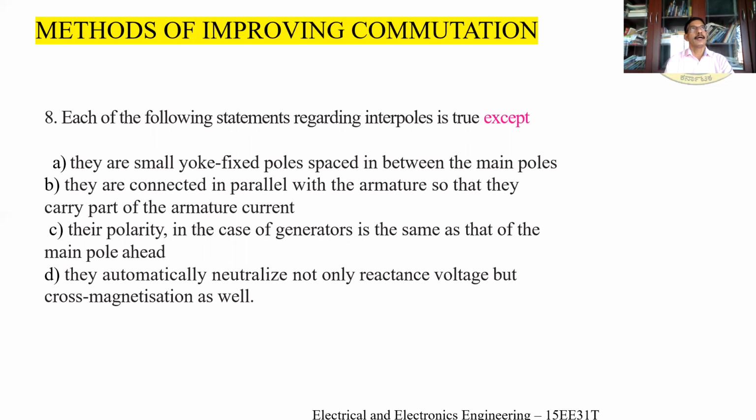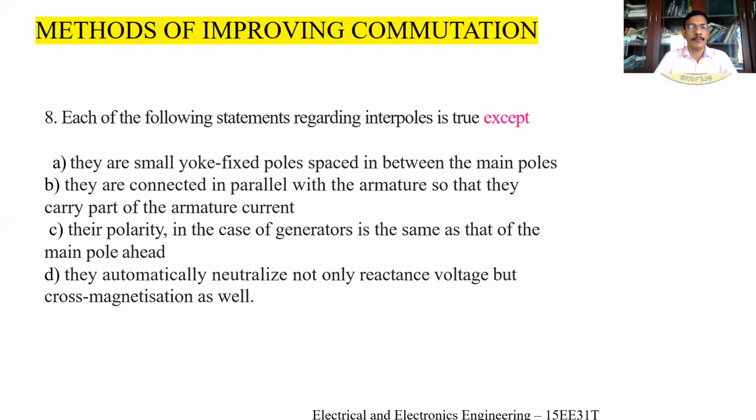Next question under improving commutation. Each of the following statements regarding interpoles is true except: options are A, they are small yoke fixed poles spaced in between the main poles. Option B, they are connected in parallel with the armature so that they carry part of armature current.